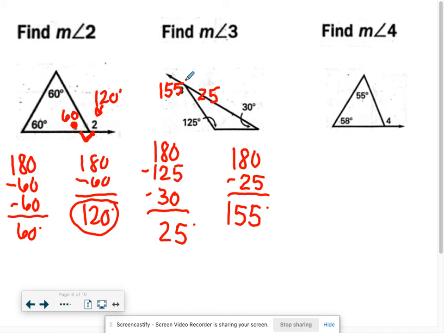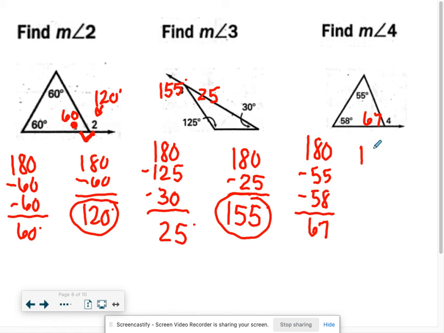Then we can check. So 113, did I do that right?